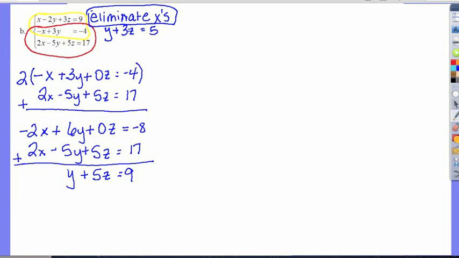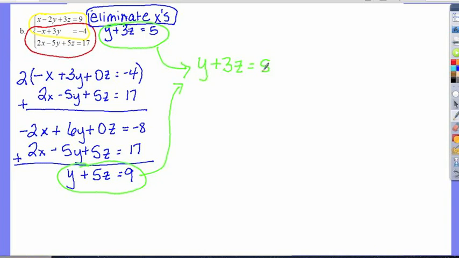So I have this equation with only y's and z's, this equation with only y's and z's, and what I want to do is put those two together and work with just those. So I have y plus 3z equals 5, and y plus 5z equals 9.